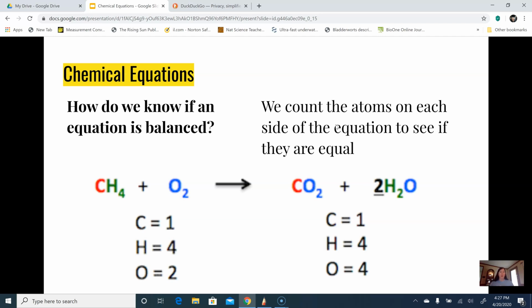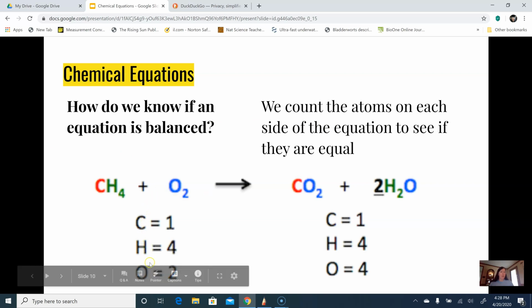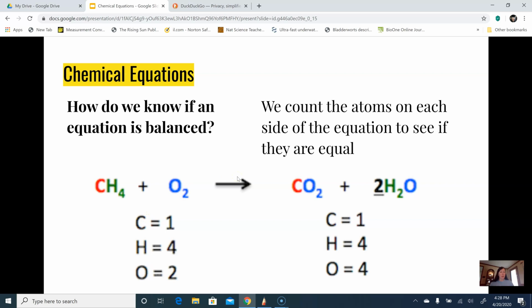So if we go through this illustration, they have listed all the elements on the left. You see carbon, hydrogen, and oxygen. You also see the same elements listed on the right: carbon, hydrogen, and oxygen.